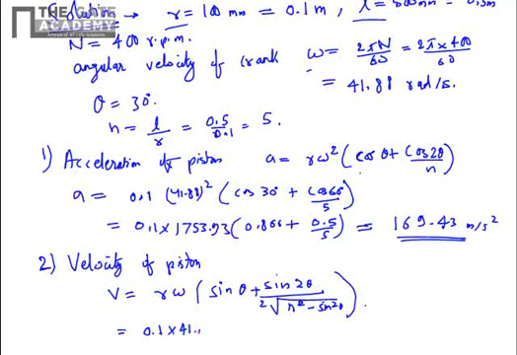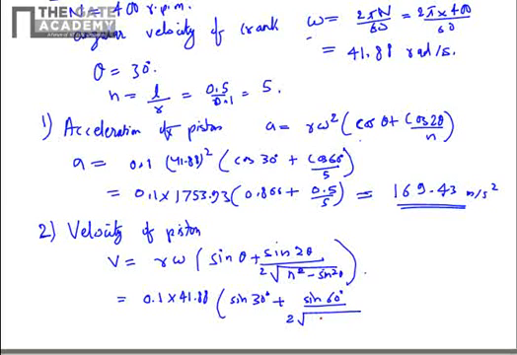R is 0.1, omega is 41.88, sine 30 degree, theta is 30 degree, that is half, plus sine 2 theta, that is sine 60 degree, divided by 2 square root of n square, 5 square, minus sine square 30 degree. So if you do the calculation from a calculator, you will get a value of 2.458 meter per second.